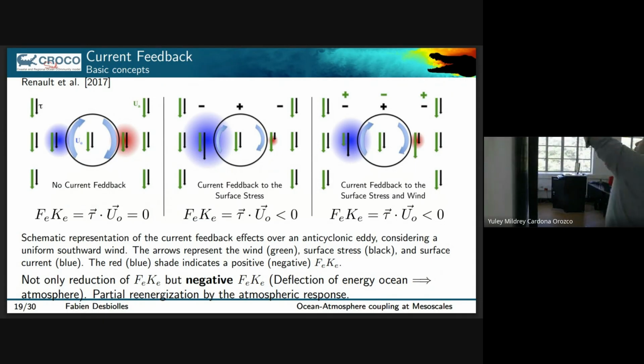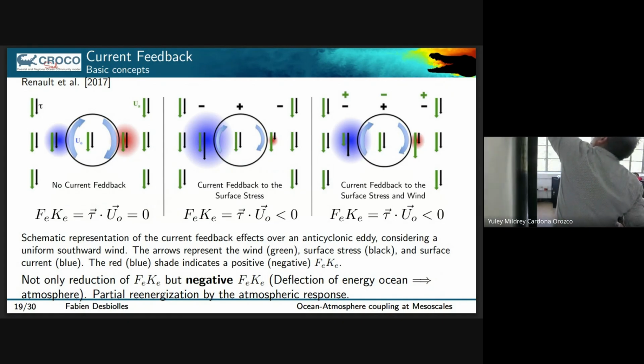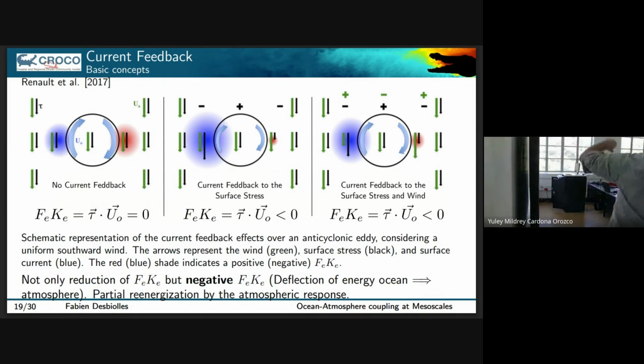Okay, so it's very homogenized. The black arrow is the stress, and the circle is actually an eddy in the ocean.